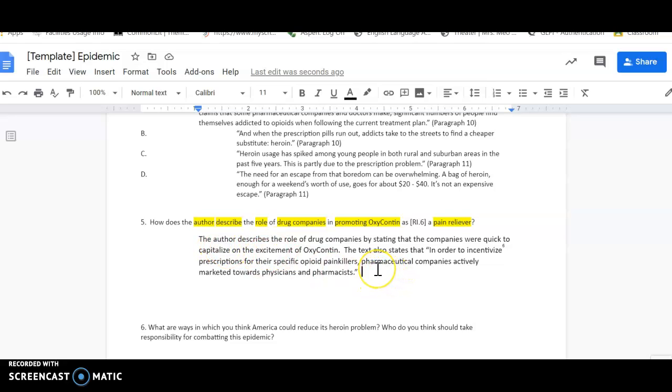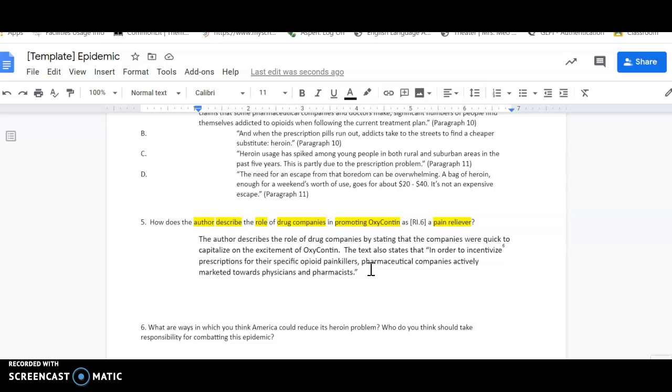The author describes the role of drug companies by stating that the companies were quick to capitalize on the excitement of Oxy. The text also states that in order to incentivize prescriptions for their specific opioid painkillers, pharmaceutical companies actively marketed towards physicians and pharmacists. So based on what the text says, it sounds like the drug companies were the driving force behind promoting Oxy. And I can write just that since it's my own words.